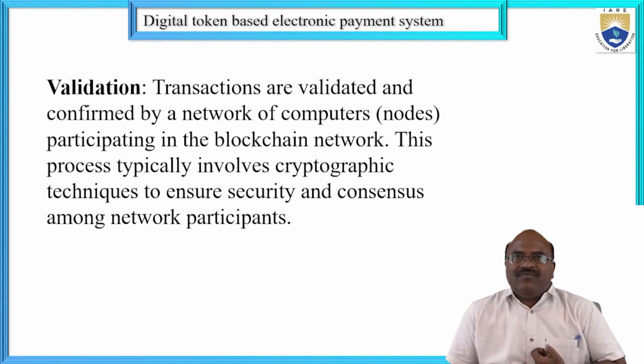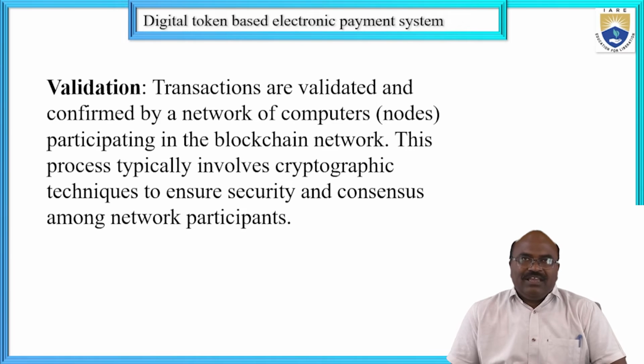Validation is also one of the essential things in the digital token based electronic payment system. The digital token based electronic payment system is one of the worthy, acceptable or secure manners of transacting an amount through a computer network.